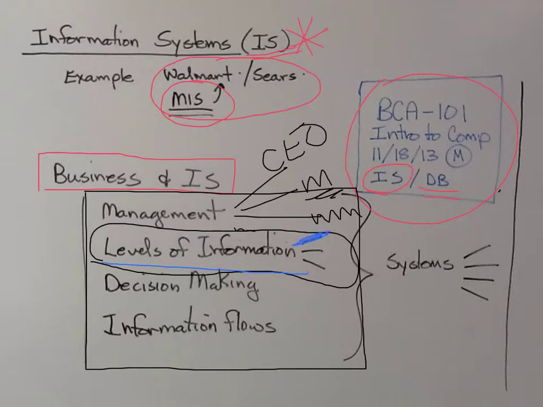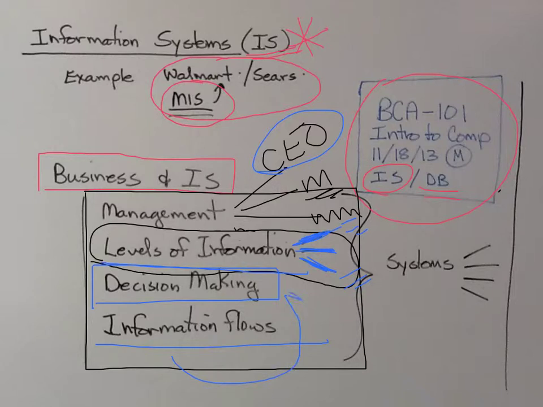So we talked about strategic information, transaction information, the actual sales and so forth. Strategic, what information would the CEO use to make major decisions for the company. And then that falls into decision making. What are they going to use to make decisions? In order to make good decisions, you need good information.